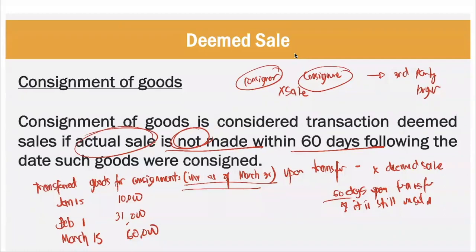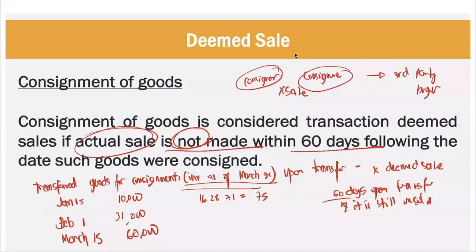So, what is considered deemed sale? You need to look 60 days upon transfer. January 15, what is the 60 days after? The days after are January 15 to 31, 16 days, February, let's say 28, then March 31. Ilang days yan? 16 plus 28 plus 31, that is 75 days.